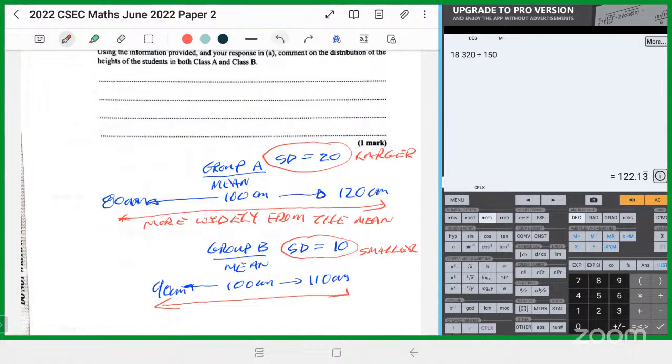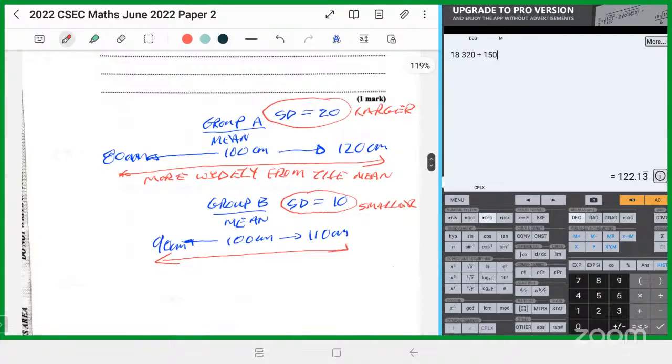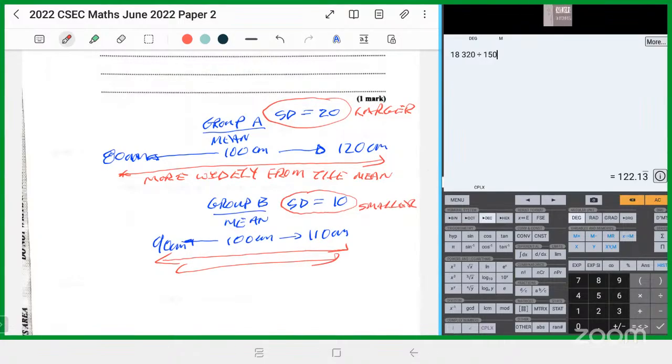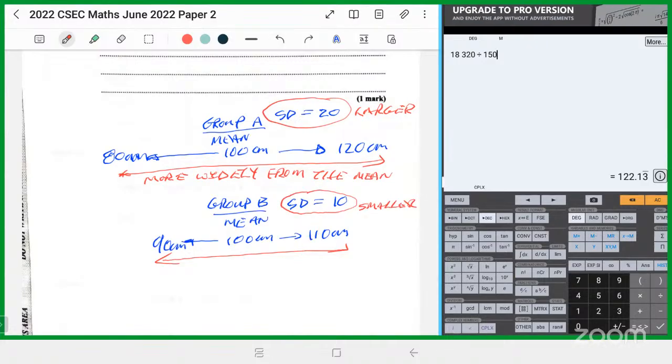This one goes all the way out, while this one is just from here to here. So this one is less widely spread, or you can say more closely spread. When the standard deviation is lower, the term you want to use is more closely spread from the mean.